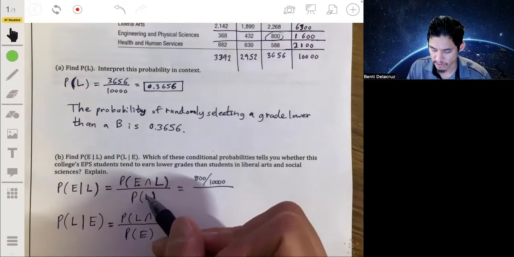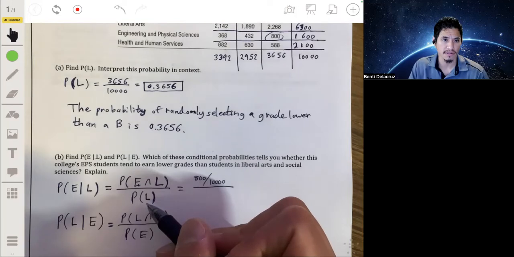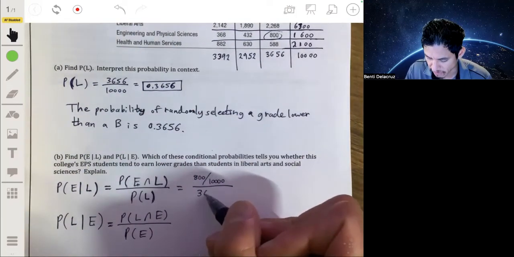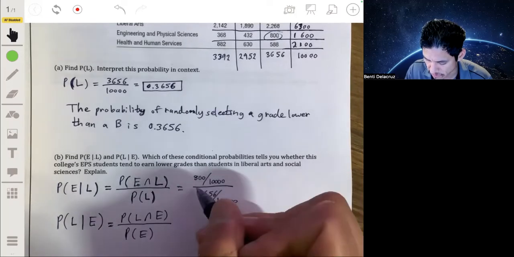And then we look at the probability of getting a grade lower than a B, which we already found over here. We can actually just leave the fraction because it makes our math easier: 3656 out of 10,000.